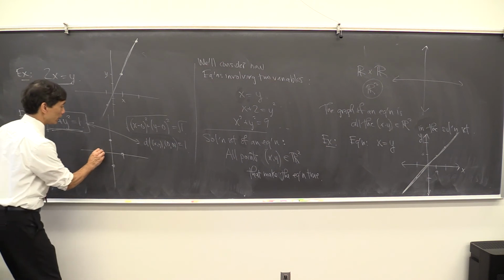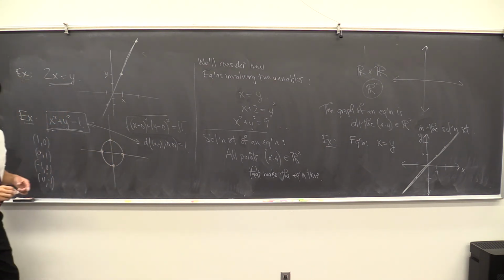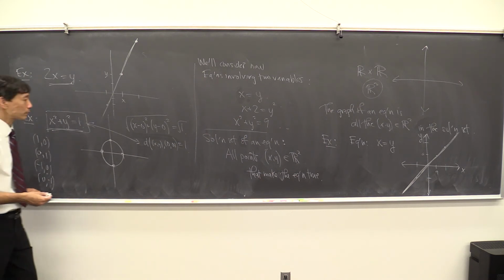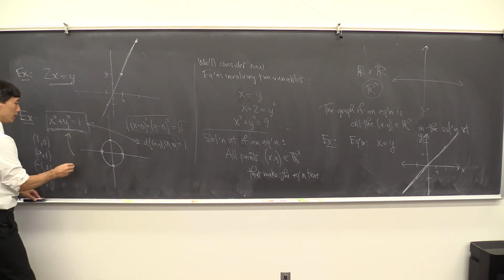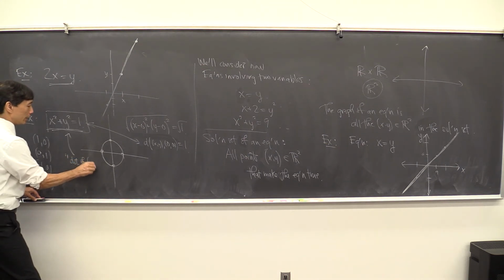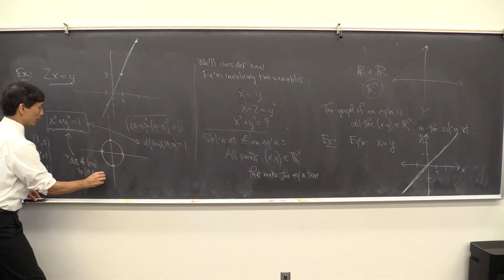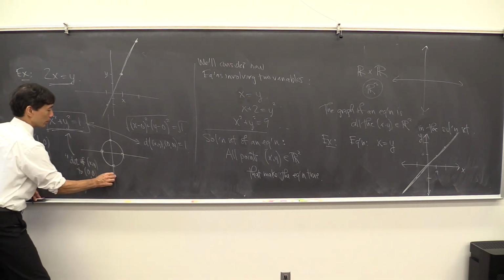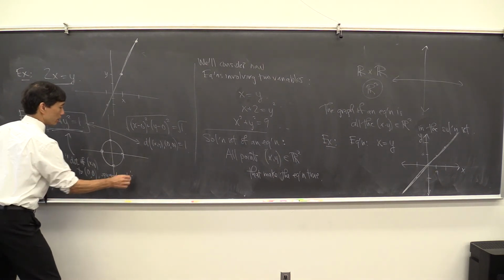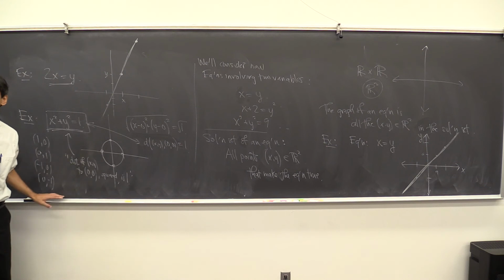In other words, you're looking at a circle of radius 1. Reading in English, it says that the distance of (x, y) to (0, 0), squared, actually, is 1.